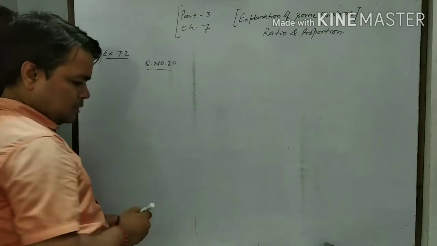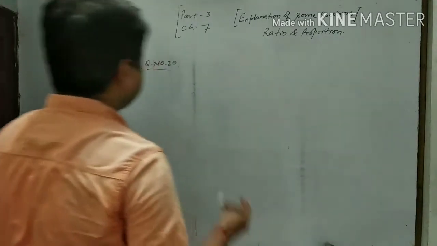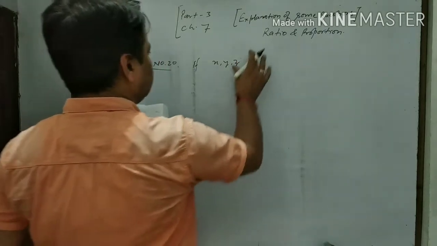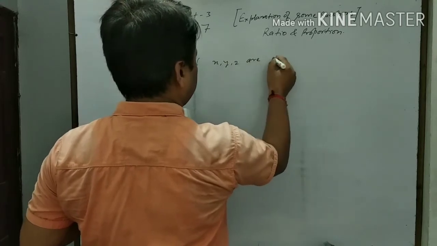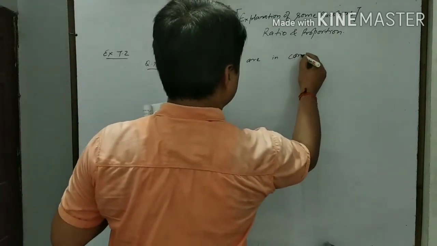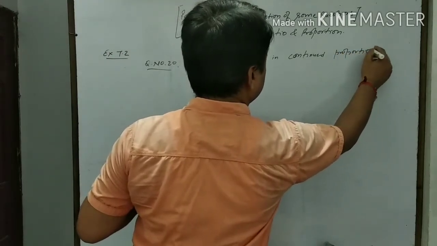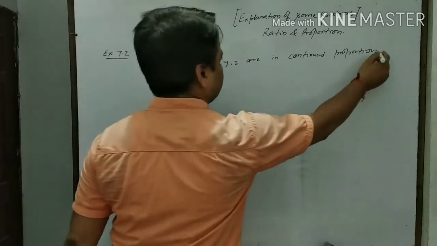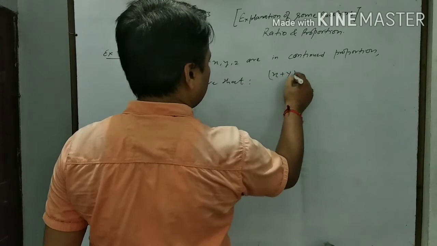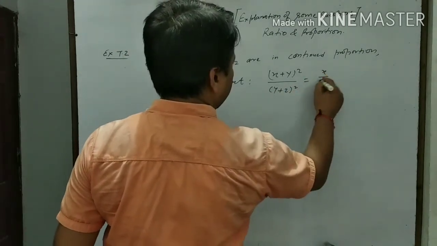Question number 20. If x, y, z are in continuous proportion, then prove that (x plus y) whole square upon (y plus z) whole square is equal to x upon z.